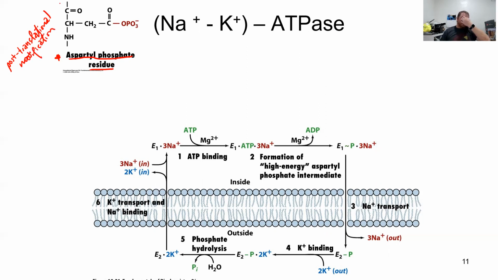So if we think about that word a little bit, post-translation: after translation, there's a modification. What this is showing us is the N termini and the C termini of the amino acid aspartic acid, CH2. Normally, there would be C double bond O and then O minus. But that's not what we see here.